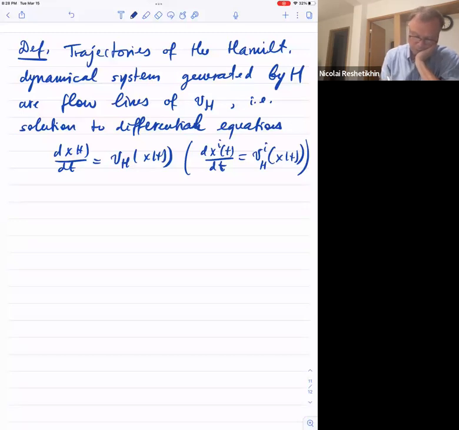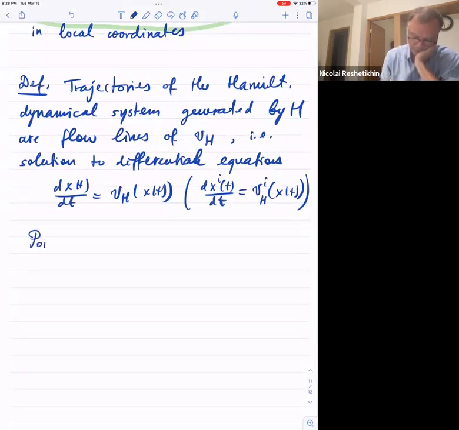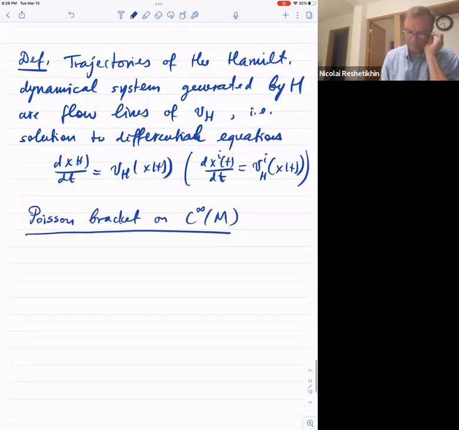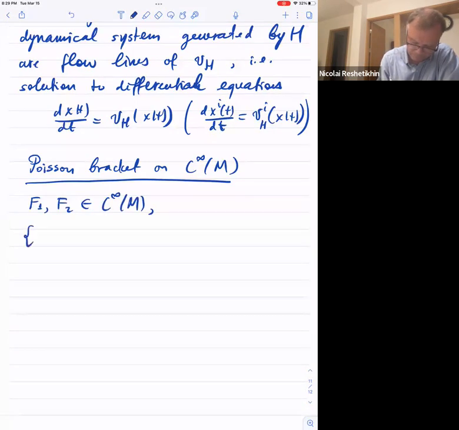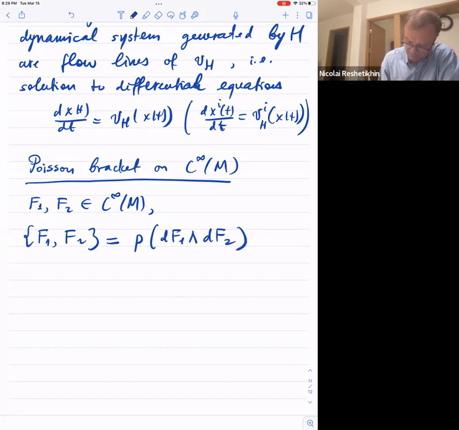So now one more thing. Poisson bracket on smooth functions on M. If we have two functions, f1, f2 in C^infinity(M), the Poisson bracket is defined as the contraction of the two vector fields by the two-form, which is df1, df2.